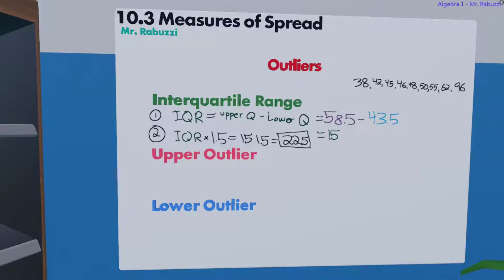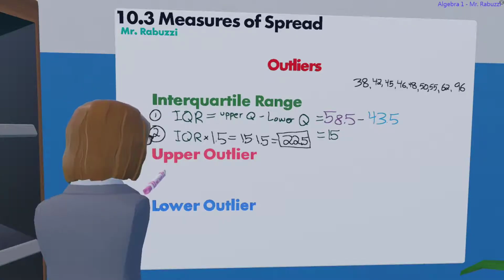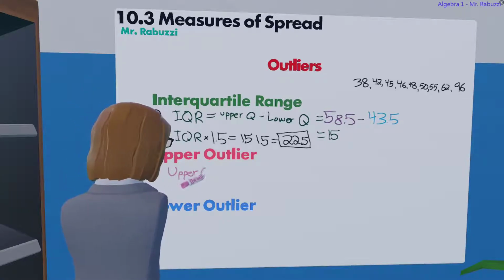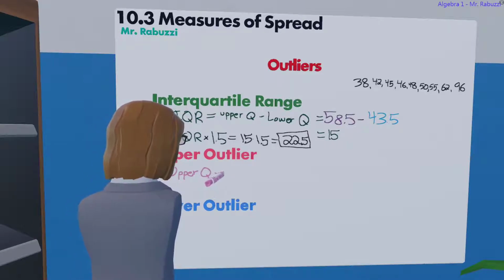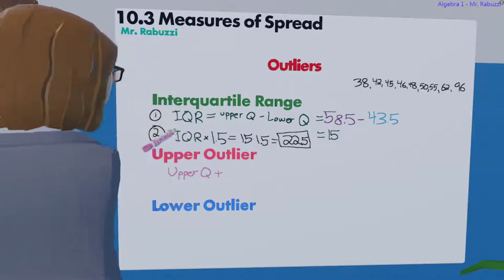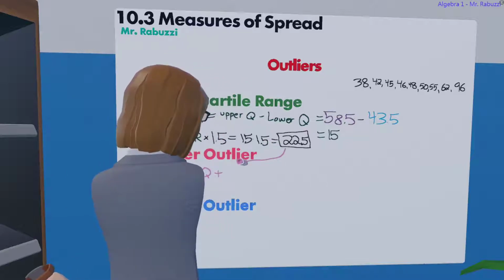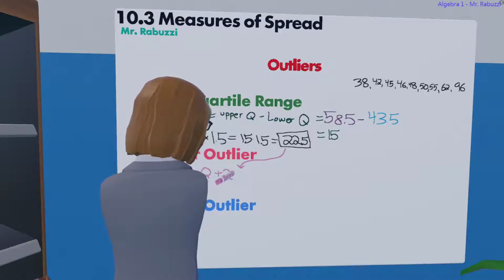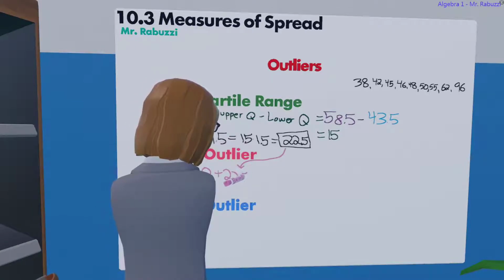So what we do here is we take the upper quartile plus this number, the IQR times 1.5, so 22.5.